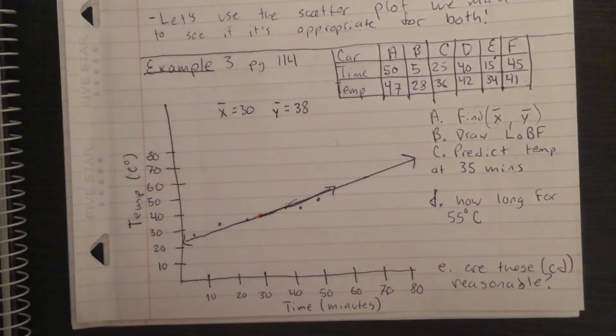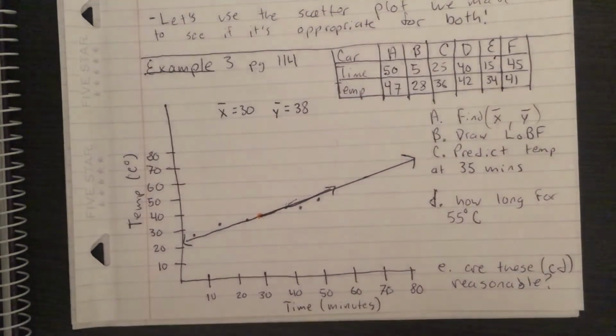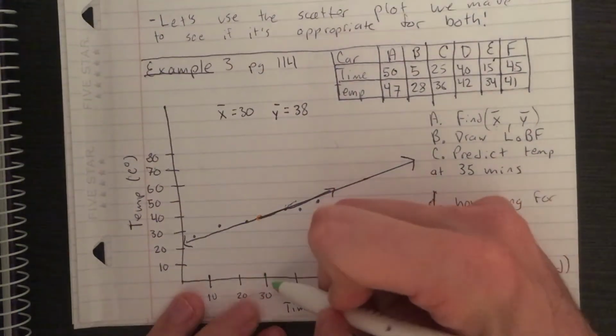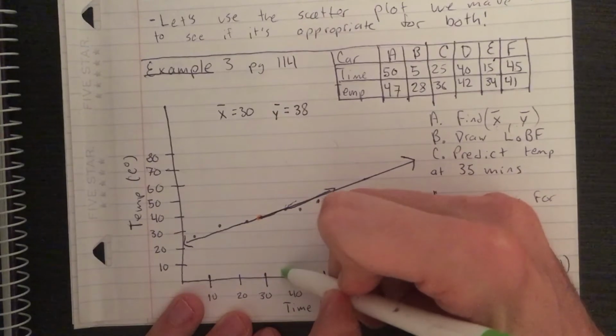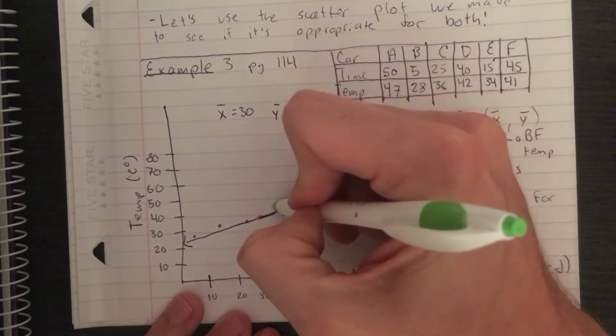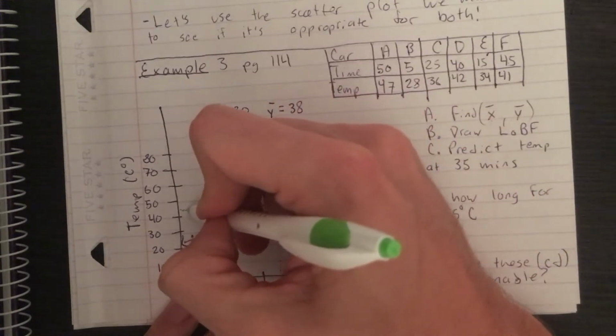And so what we want to try to do is use this to predict the temperature at 35 minutes. So we go over to 35 here, and we go up, and then we go over here.